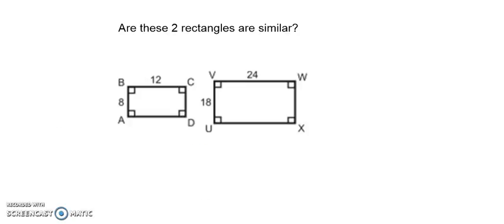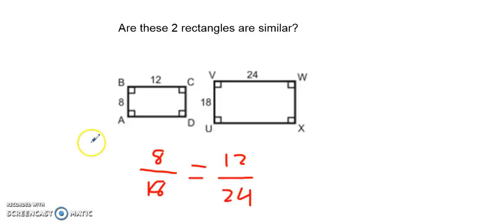So now, are these two rectangles similar? So we have now these sides corresponding, so we will go 8 over 18 because they are the same sides. And then we have 12 over 24. And then just like our word problems, we have to associate.